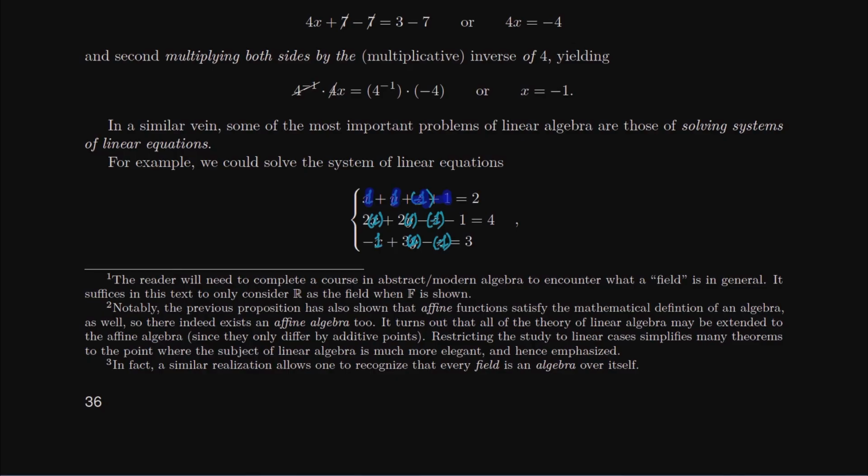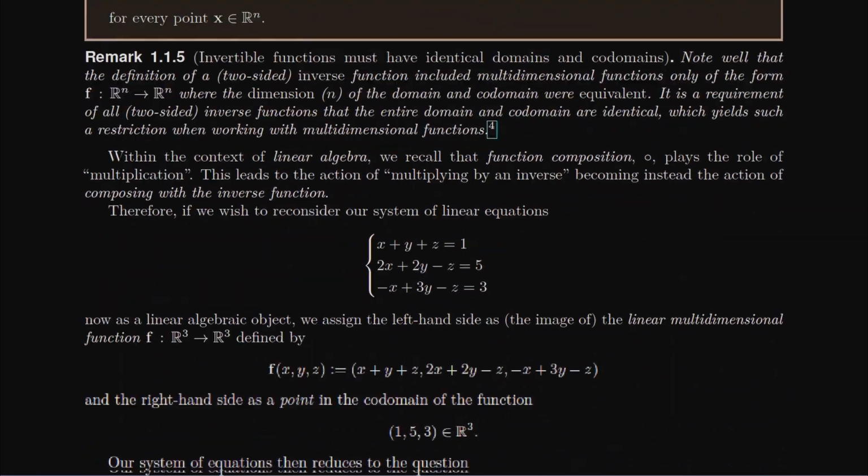Minus 1 brings me down to 1, plus 1 brings me back to 2. If I have 2 times 1, that's a 2, plus 2 times 1 is a 2. So that gives me 4, minus negative 1 gives me 5, and then minus 1 brings me back to 4. And then I have negative 1 plus 3 gives me 2, minus 1 minus negative 1 gives me up to 3. And so finding the inverse does allow me to solve the system.